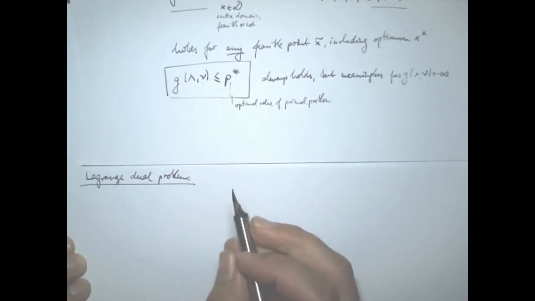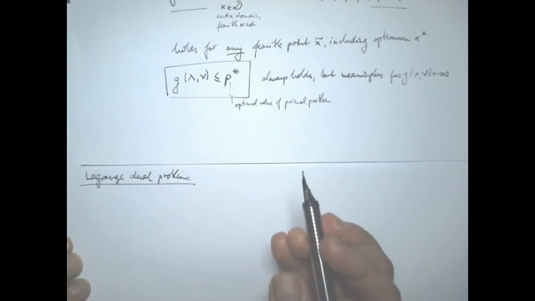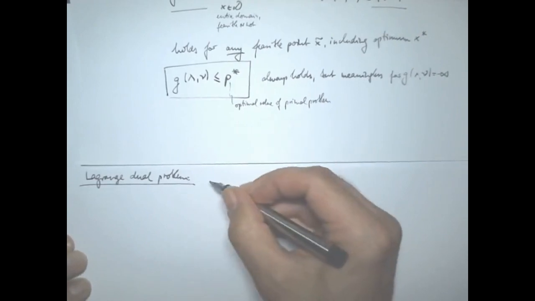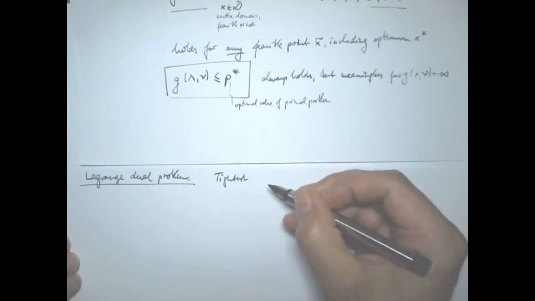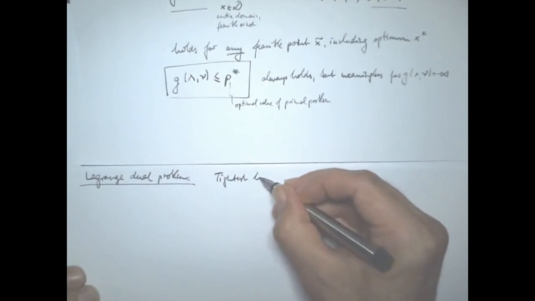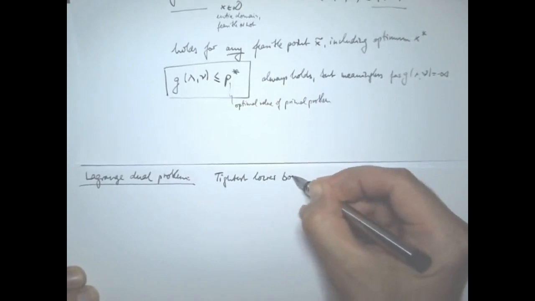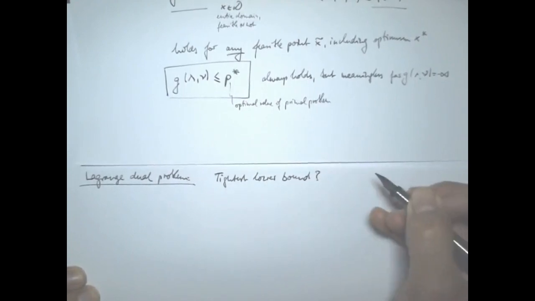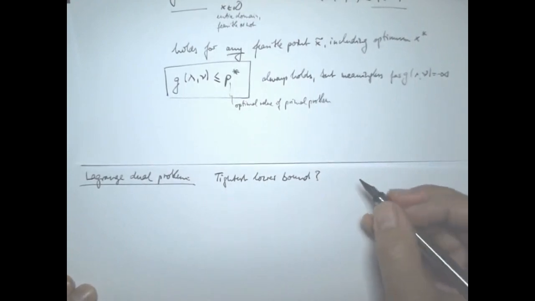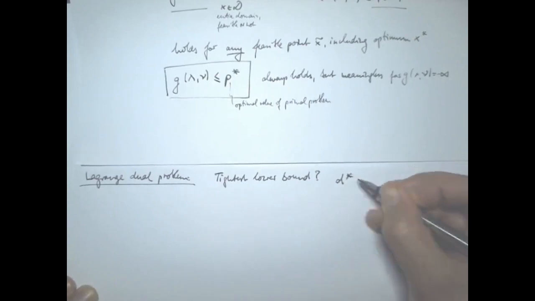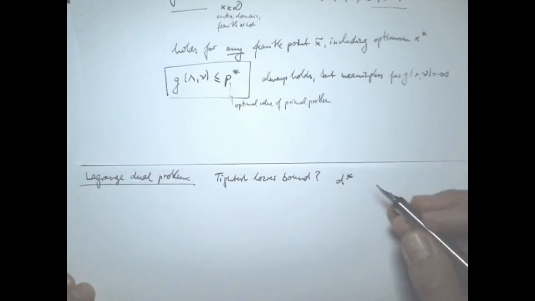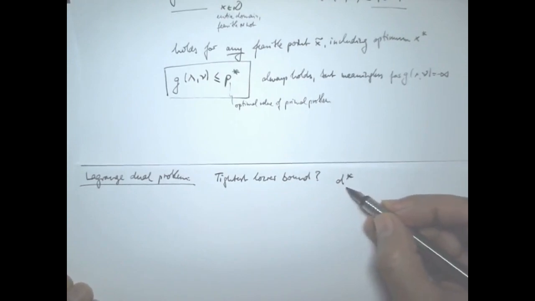So we've seen that we have a lower bound, and now we want to know what is the tightest lower bound that we can achieve. And our tightest lower bound is going to be d star.